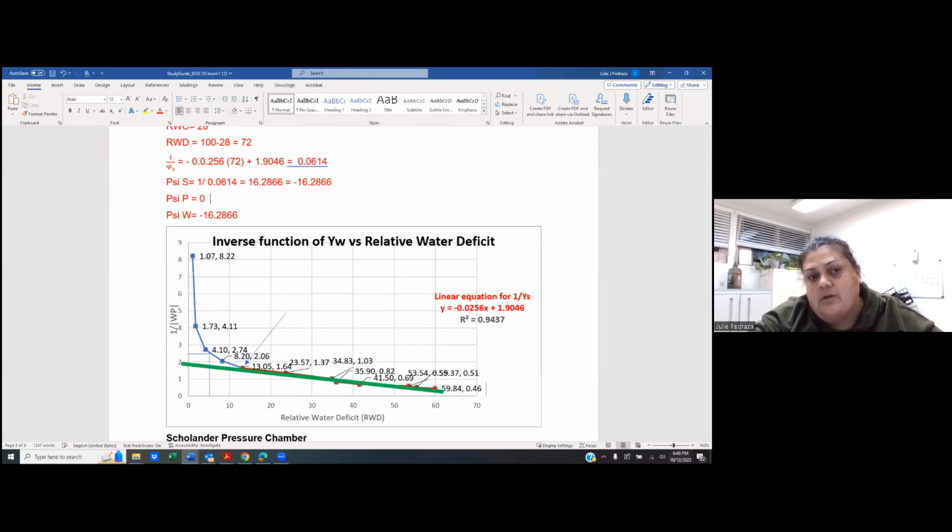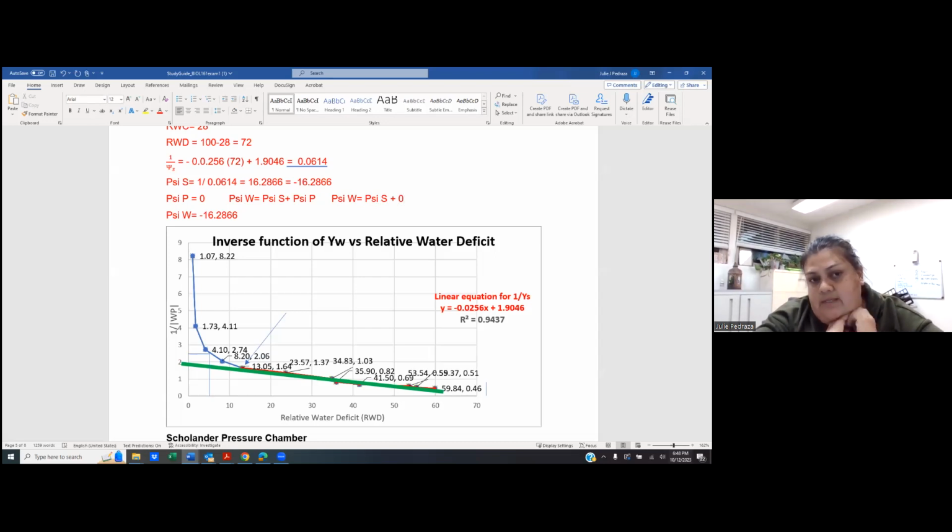It has no pressure. So when we look at the equation, psi w equals psi s plus psi p. Remember, we said if we want to know what psi w is, it is equal to psi s when psi p is 0.